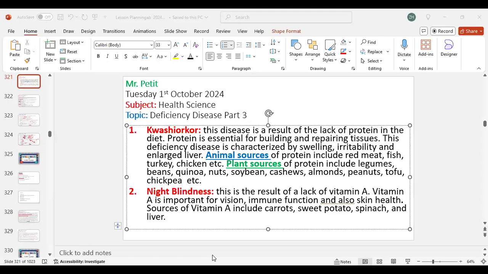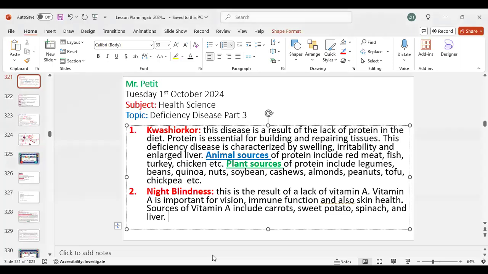The last one that we're going to look at would be the B vitamins. When you have beriberi, it affects the cardiovascular system and also the nervous system. That's when you lack vitamin B1.